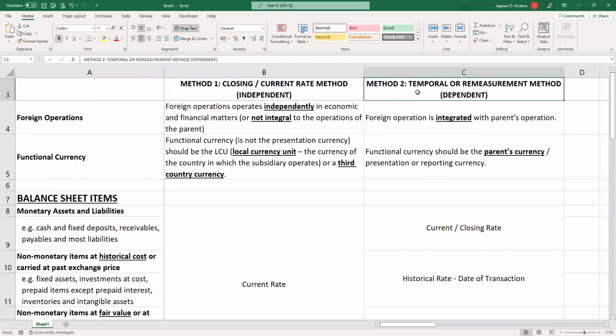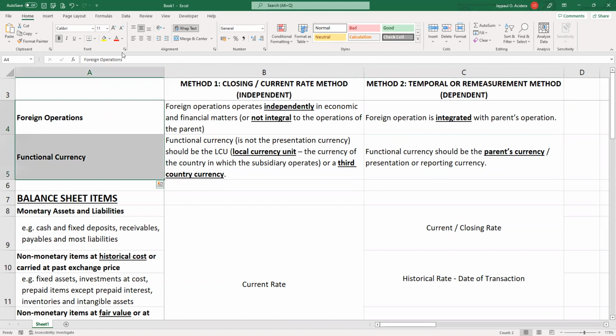Then the method 2, that's the temporal or remeasurement method, I am calling it dependent. Saan ko ba galing yun? Because class, in identifying whether to use method 1 or method 2, we have to look at the foreign operations.